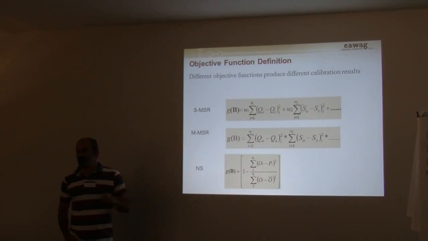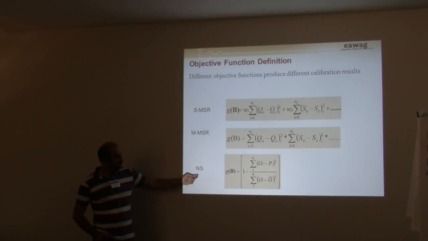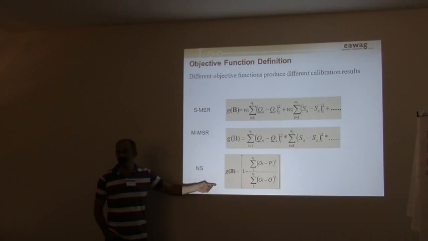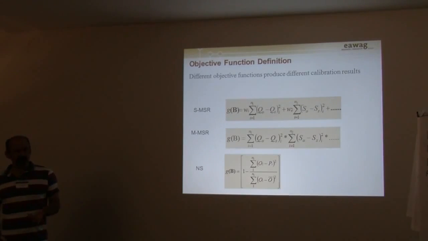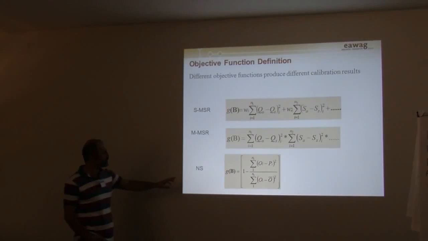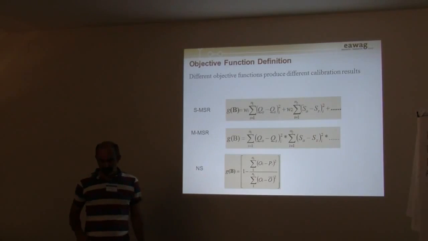They each have advantages and disadvantages, all of these, that you need to know. The disadvantage of Nash-Sutcliffe, for example, is that if you make 1,000 runs and one of them is a combination of parameters that gives you a very bad Nash-Sutcliffe, then that will dominate your objective function. So you may have minus 300 or minus 500, and that will dominate it. That's the problem with Nash-Sutcliffe.